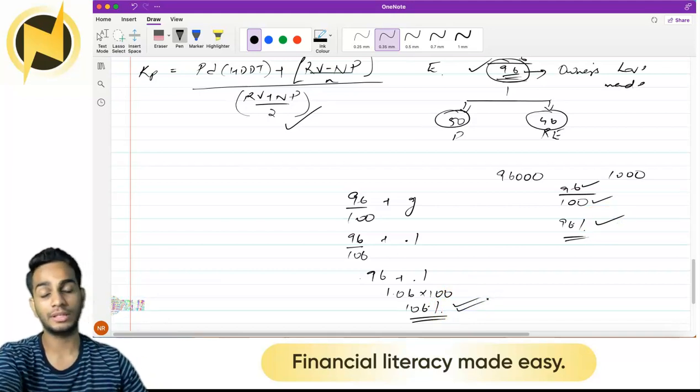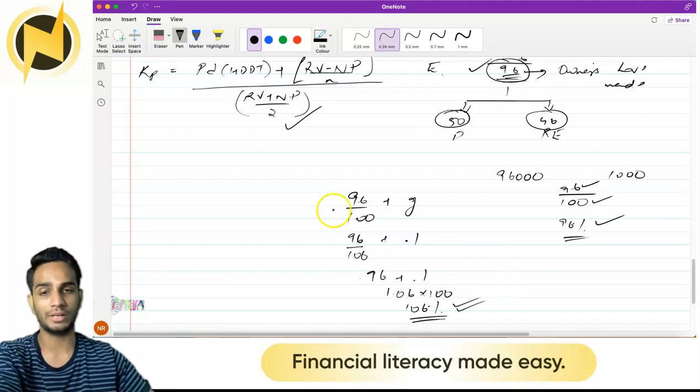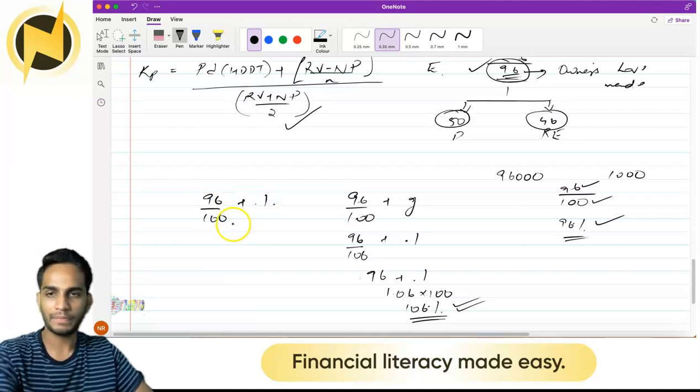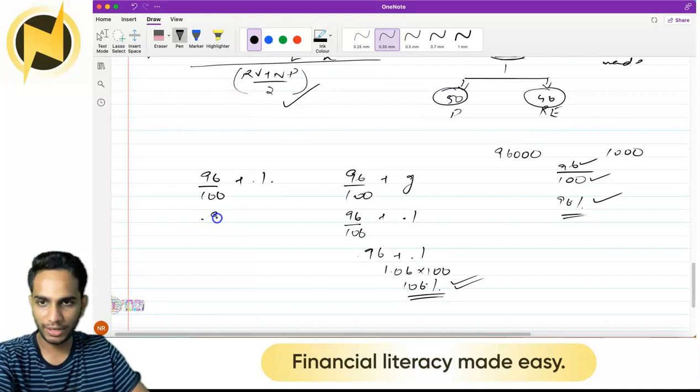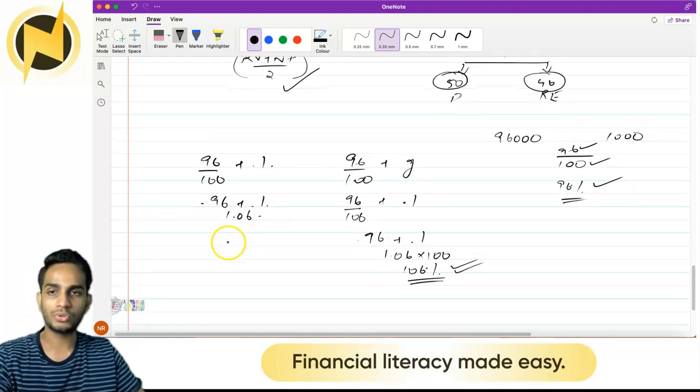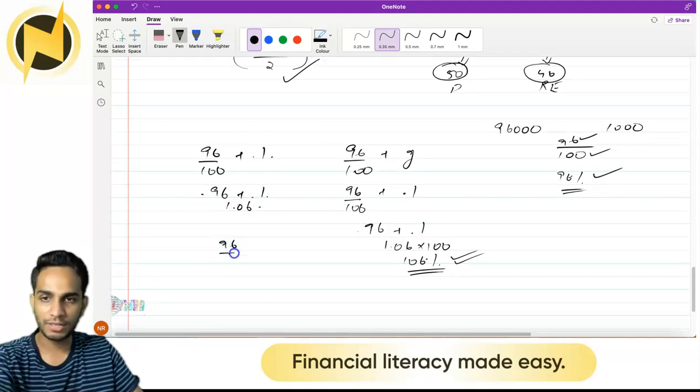But a major mistake that students make here is, I'll show you. I took 96 divided by 100 plus 0.1, so I get 0.96 plus 0.1, which is 1.06. The mistake students will do is 96 divided by 100 into 100 plus 0.1.